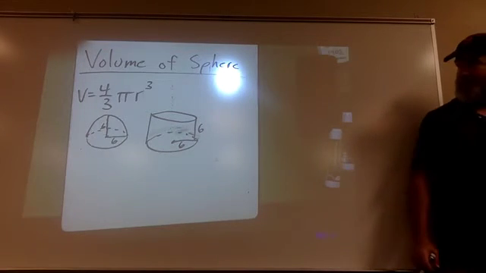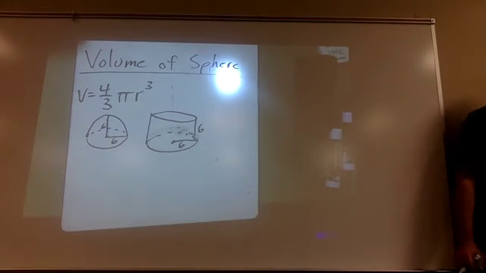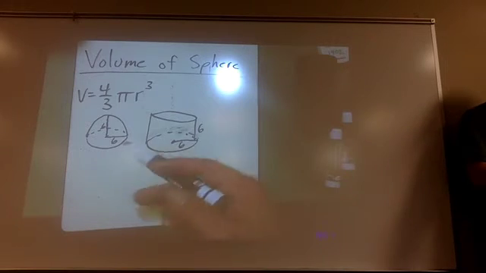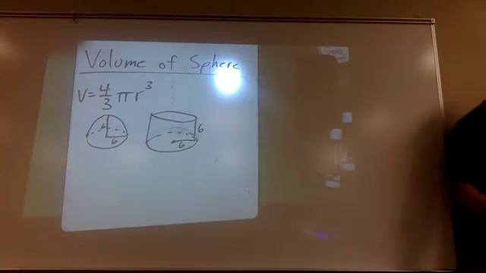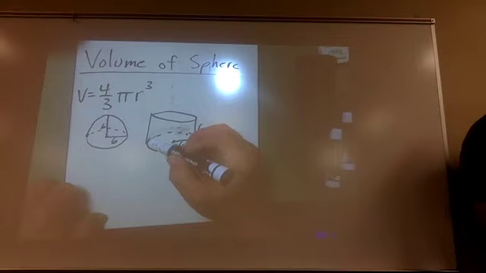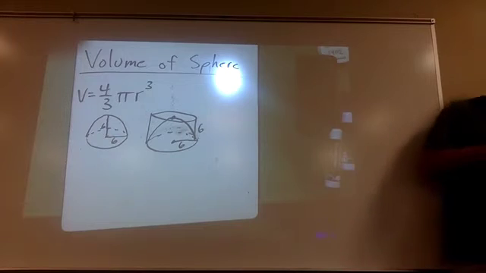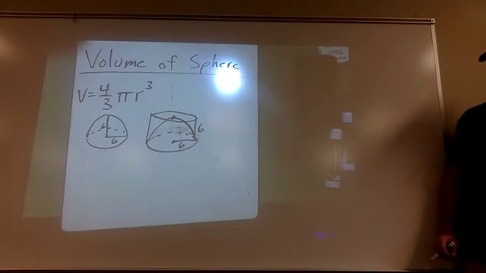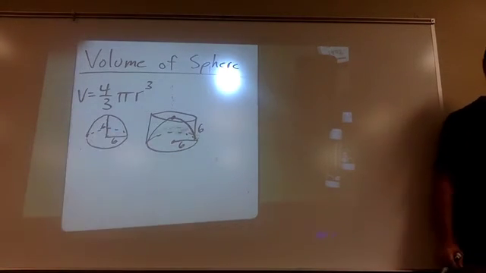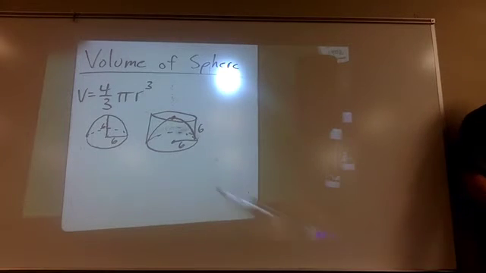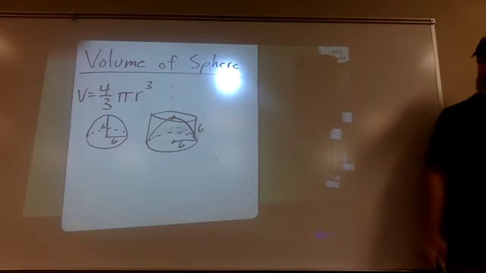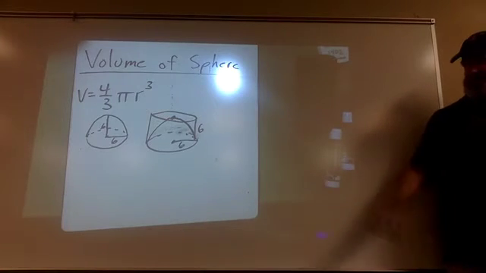I just explained that. So if you have this situation where your cylinder and your half of your sphere, basically the half of the sphere would fit perfectly right inside this cylinder where it would touch the top of the cylinder right at the top, right in the middle. All right, that fits right in there. And when you do that, this half a sphere takes up 2/3 of the space of that cylinder.